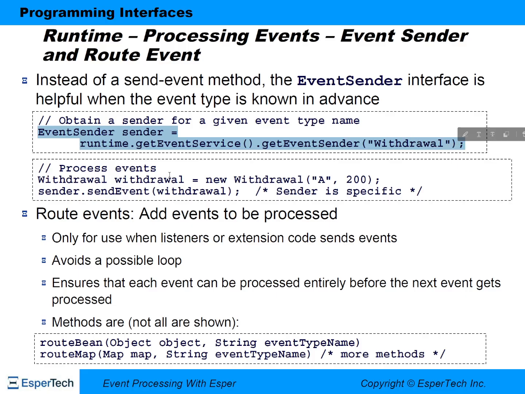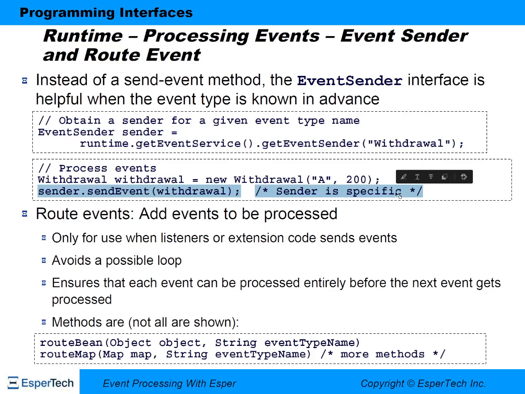The code is eventSender = runtime.getEventService.getEventSender(withdrawal). This returns an event sender instance that can only process withdrawal events. The event sender throws an exception if sending any other kind of object. When processing a withdrawal event, call sender.sendEvent(withdrawal).